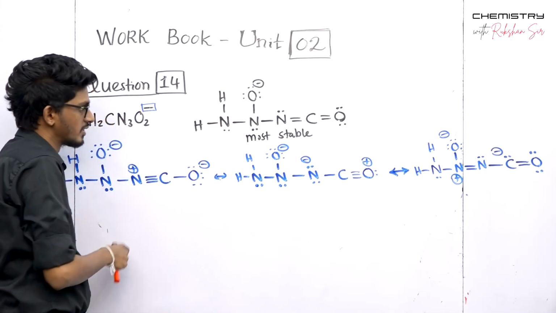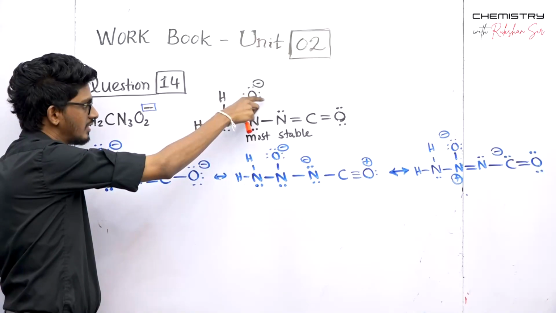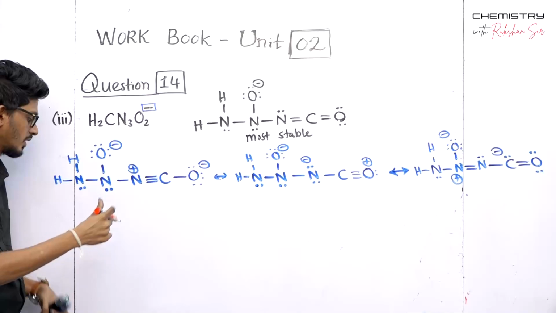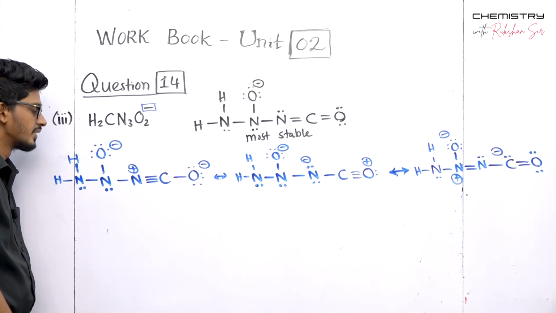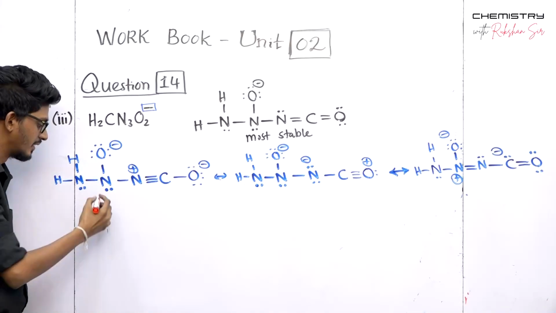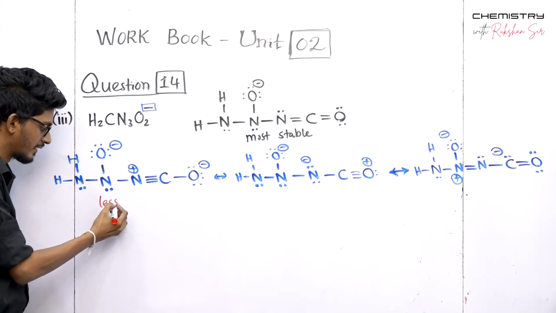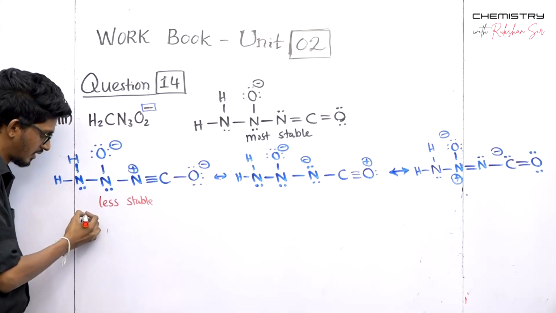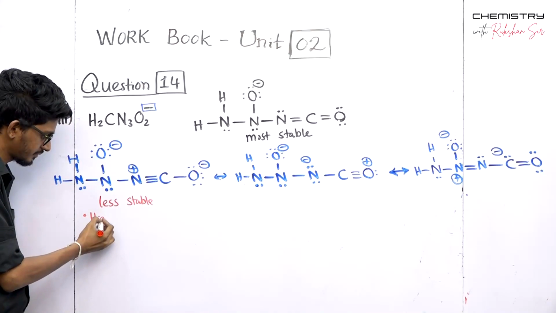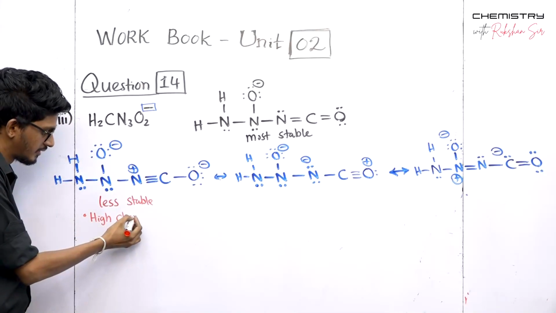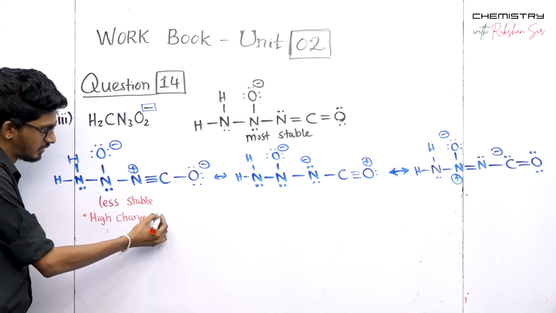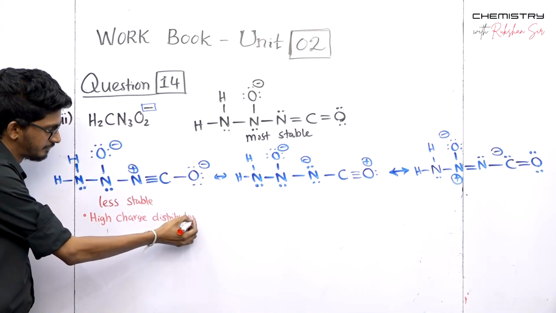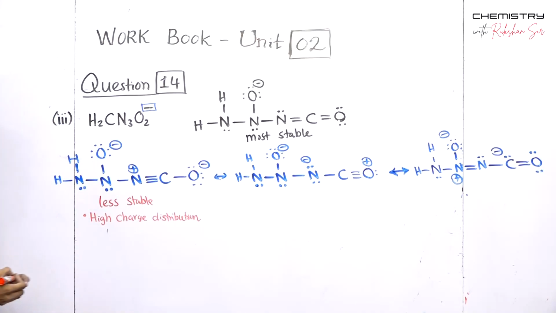Only one atom with charges here, but here you have 3 atoms with charges. So it is a less stable situation. High charge distribution is stable.